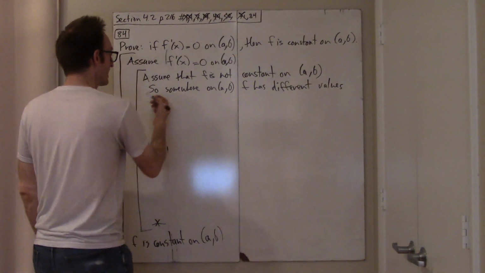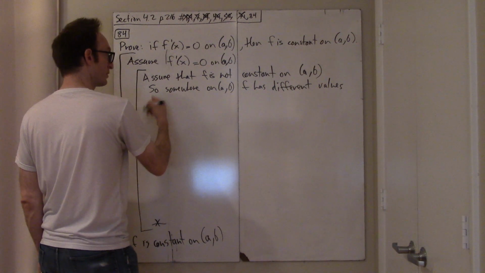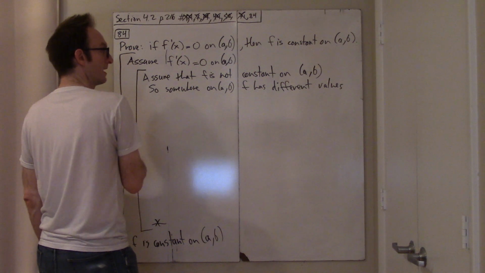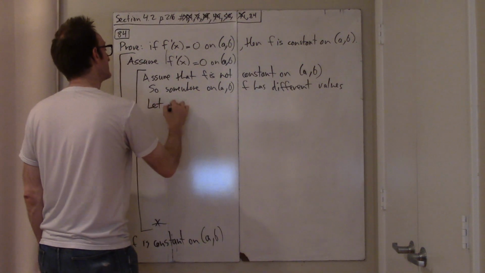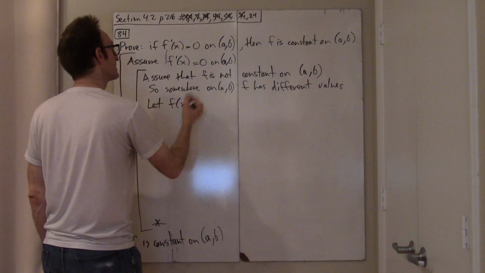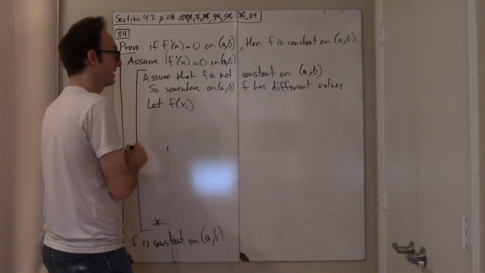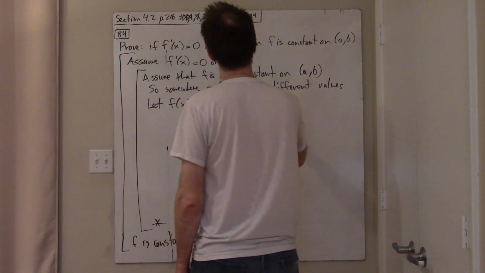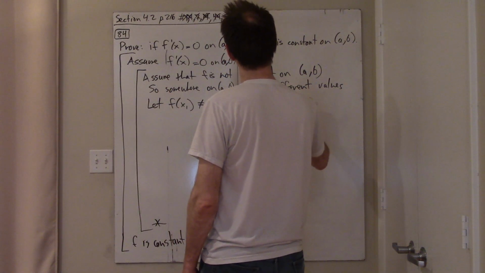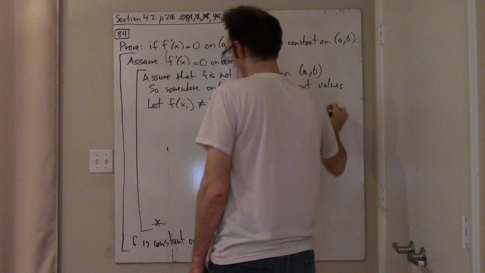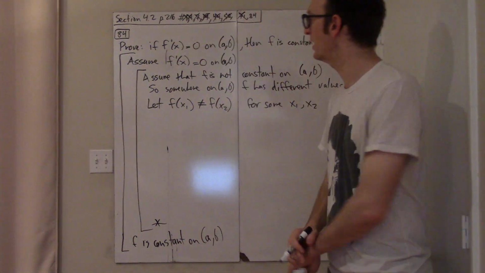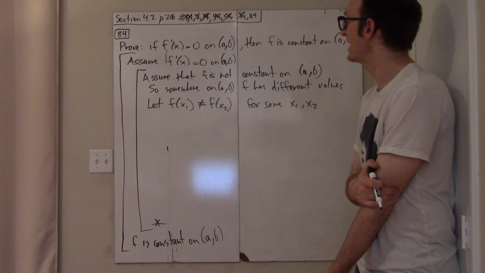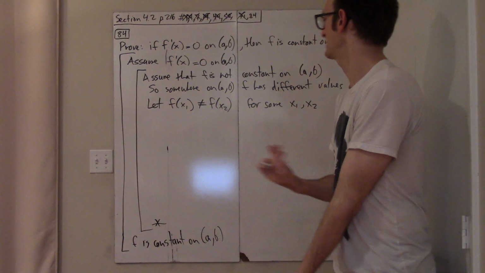For example, perhaps let f of x1 be different than f of x2 for some x1 and x2. It's a very theoretical, mathematical, advanced argument going on here. Basically, what I'm saying is quite simple.